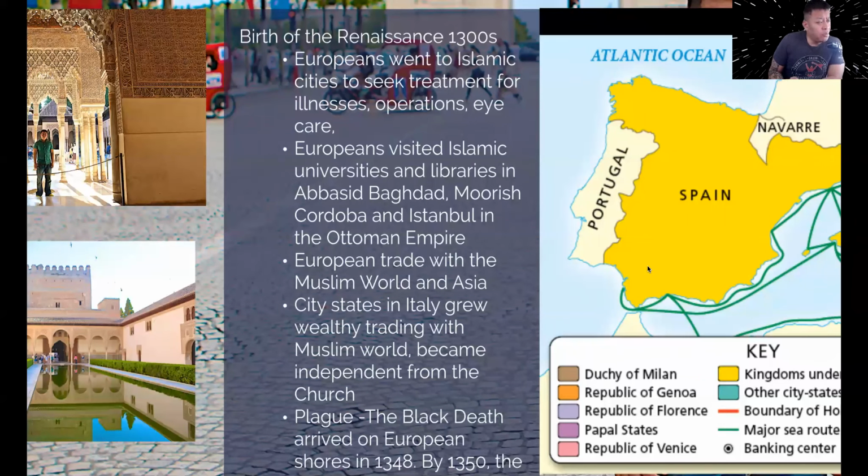People found that they could become very wealthy by importing goods produced in the Islamic world and in Asia, like silk or spice. So the Islamic world became the source of learning and technology and medicine for the Europeans of the Dark Age.